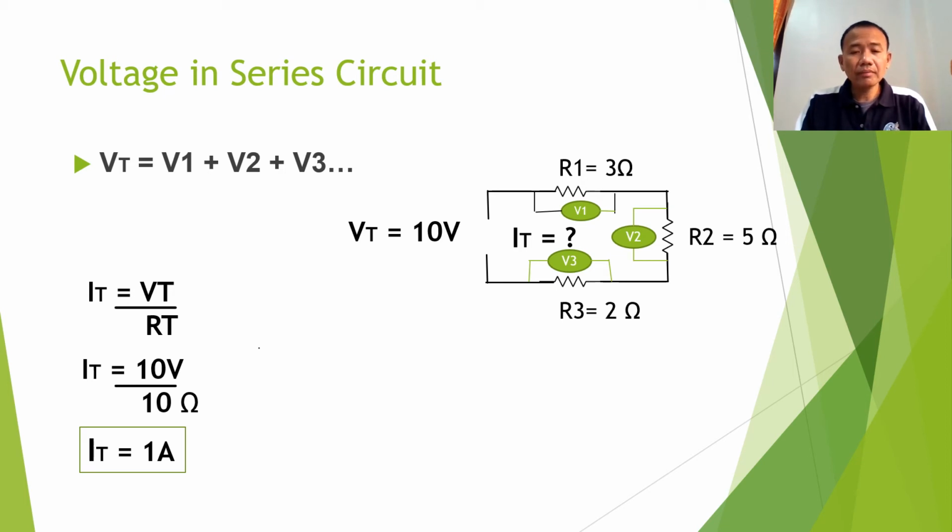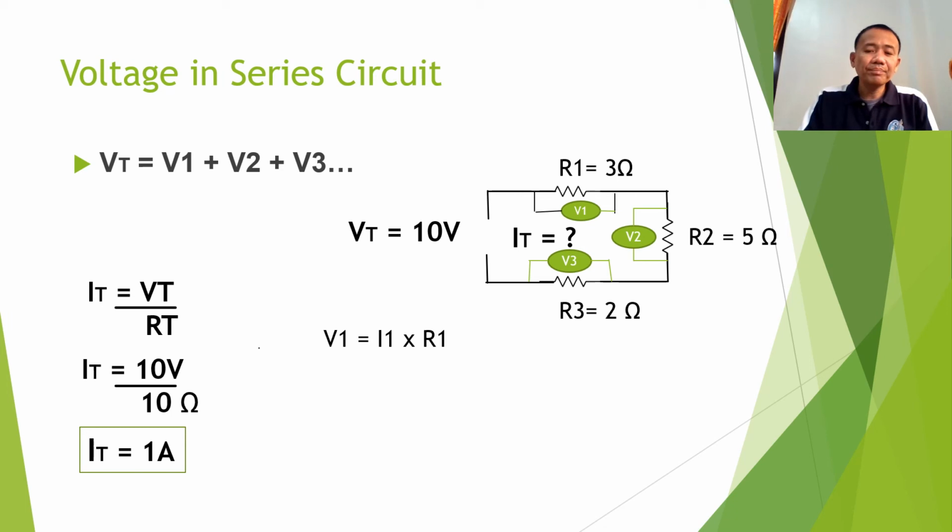We solve first for V1, the voltage drop at R1, using the formula I1 times R1, or V equals I times R. Since we are solving for the individual voltage at load 1, or resistor 1, we can use the formula V1 is equivalent to I1 times R1. Since we have the value for R1, which is 3 ohms, and we do not have a value for I1, where are we going to get the value for I1?